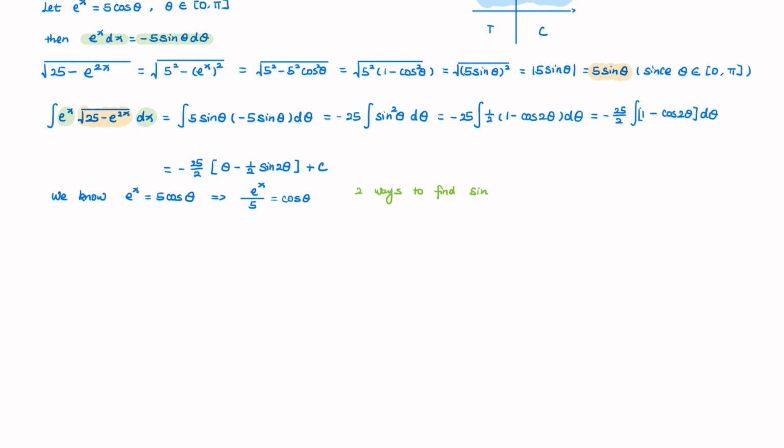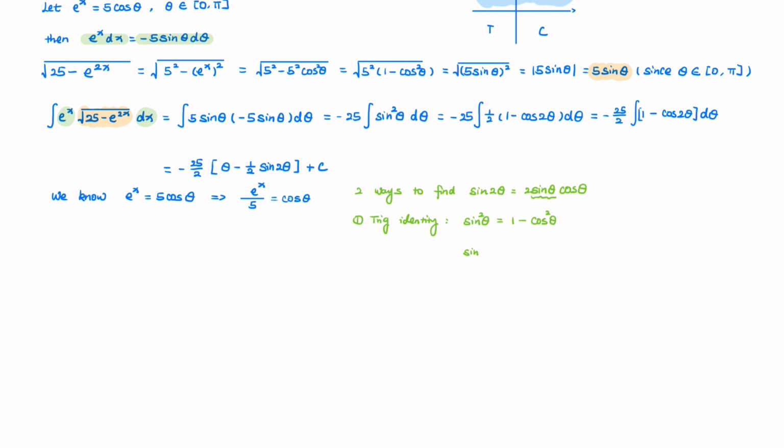So sine 2 theta, because of the trig identity, we know that's 2 sine theta cosine theta. So eventually you still need to look for this. There are two ways. One is you can use the trig identity, because we know that sine squared theta equals 1 minus cosine squared theta. Using this you can figure it out, so we can give it a try.